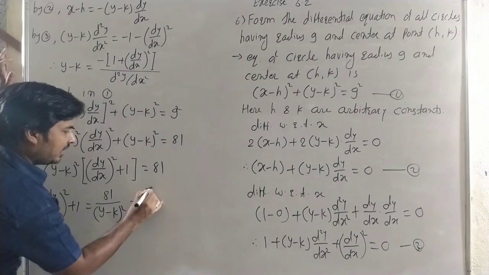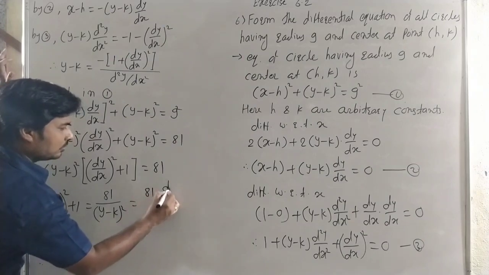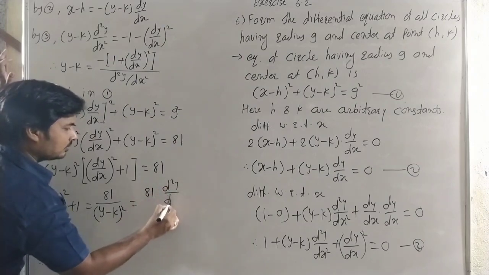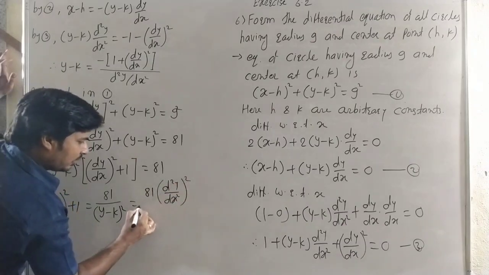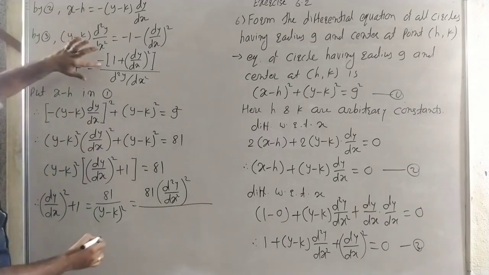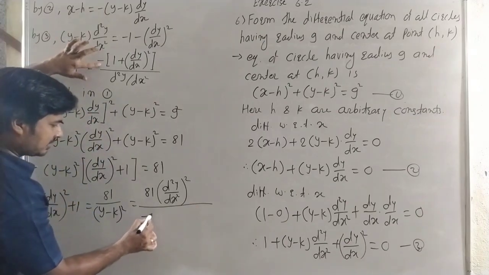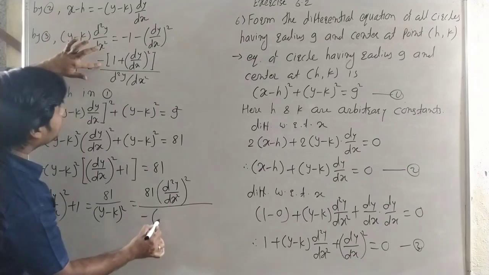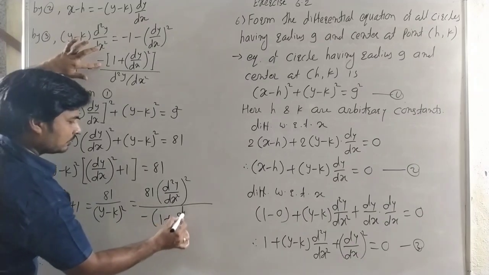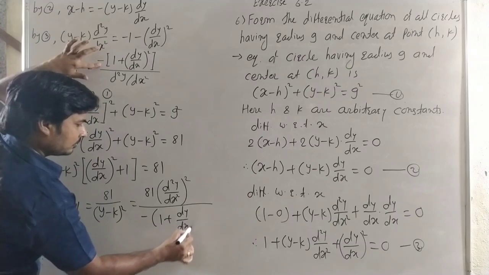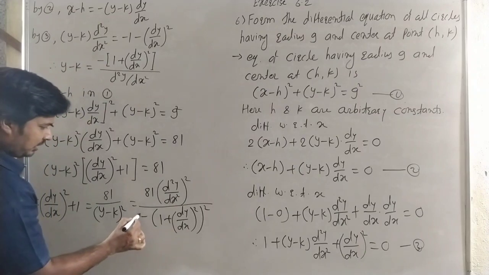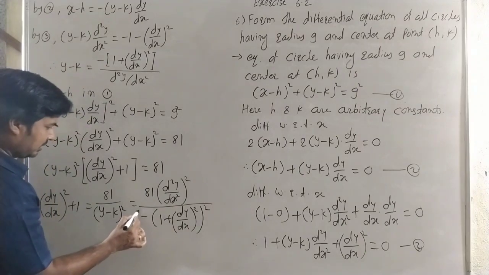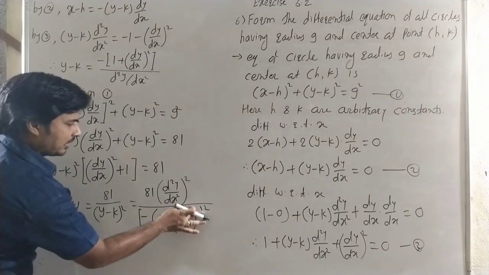Therefore 81 into (d²y/dx²)² upon the square bracket of minus (1 plus (dy/dx)²) whole square.